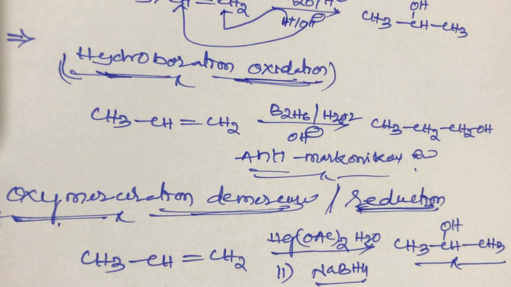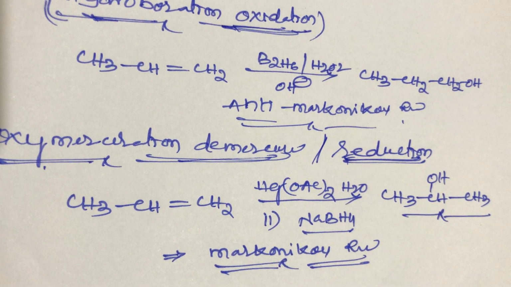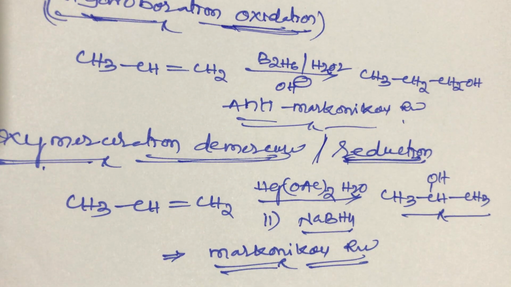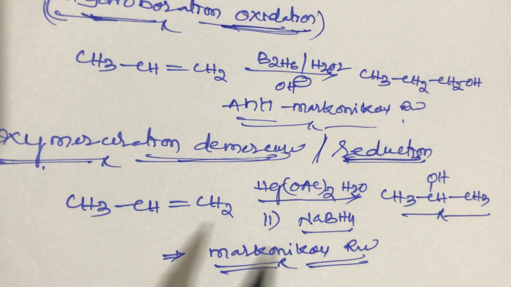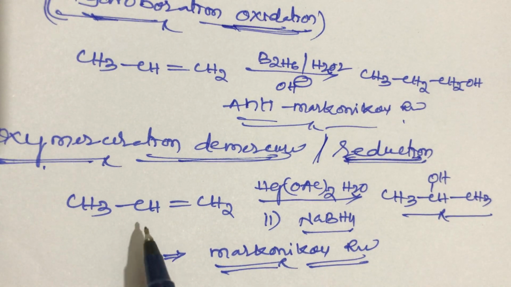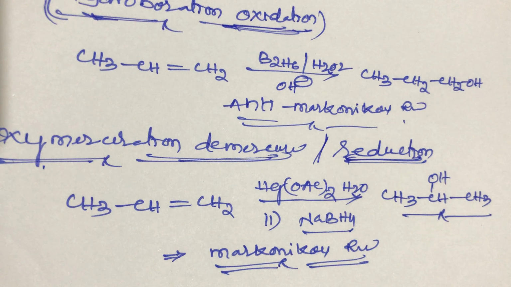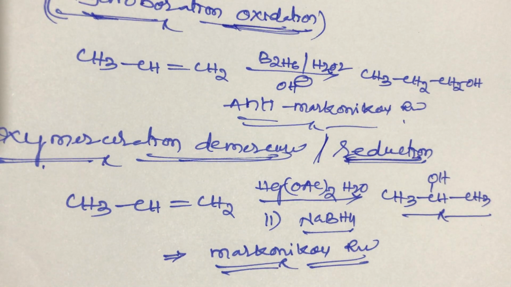According to the Markovnikov rule, we know, student, the negative part of the substance will attack the carbon which contains less number of hydrogen. So in both of these named reactions, hydroboration oxidation and oxymercuration demercuration, water is participating.